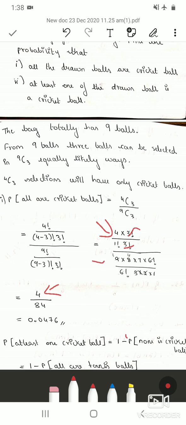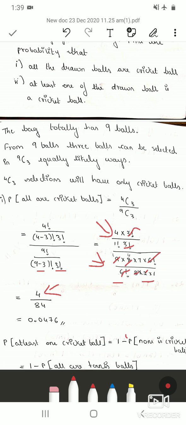So let us solve the denominator. 9 factorial can be written as 9 into 8 into 7 into 6 factorial. 9 minus 3 is again 6 factorial, and 3 factorial is 3 into 2 into 1. So the 6 factorial and 6 factorial get cancelled. 3 threes are 9, and 2 fours are 8.